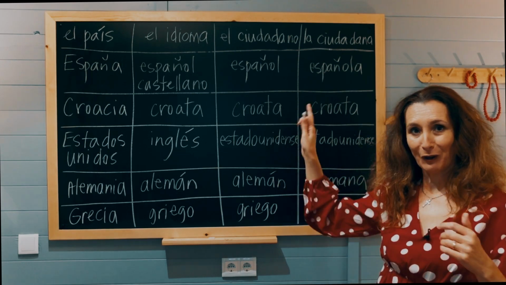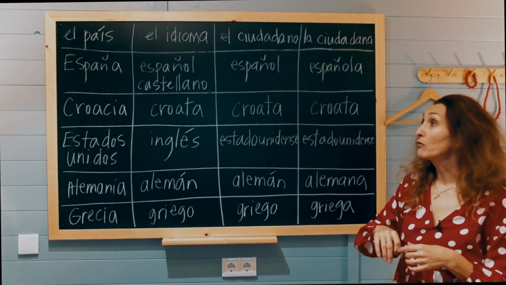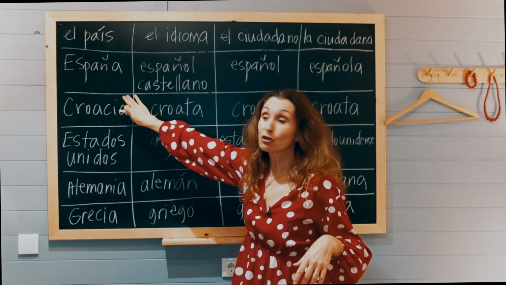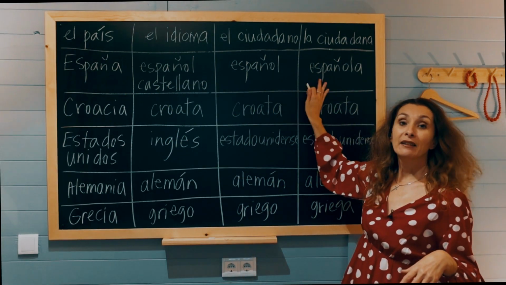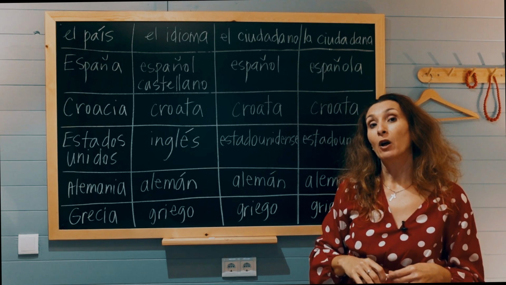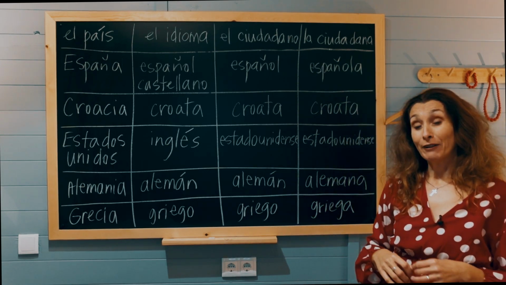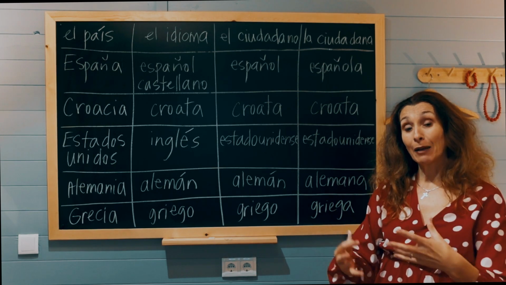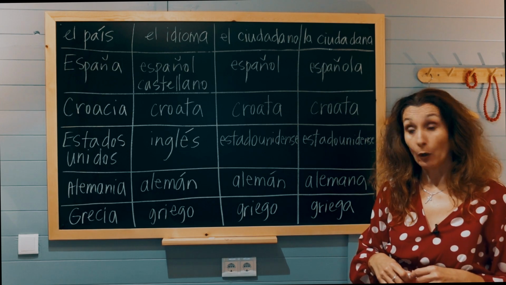It won't be difficult to find them online. Look them up and just do the same thing. Write the name of the country, the language spoken there, and then the two words for the male and the female citizen of that country. And you will have the vocabulary that is really useful for you, okay?